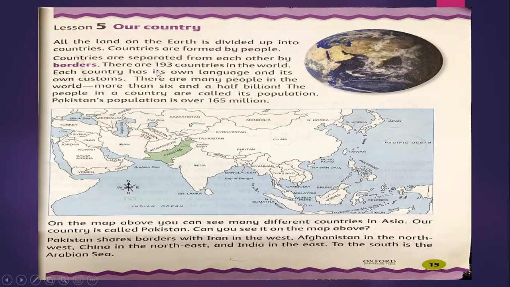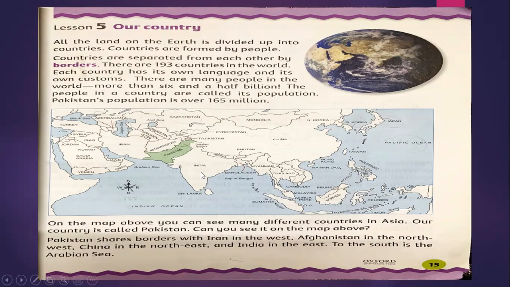There are 193 countries in the world. Each country has its own language and its own customs. Understand, different countries like Saudi Arabia, its language is Arabic. Pakistan, its language is Urdu.